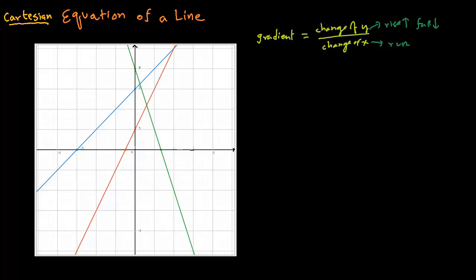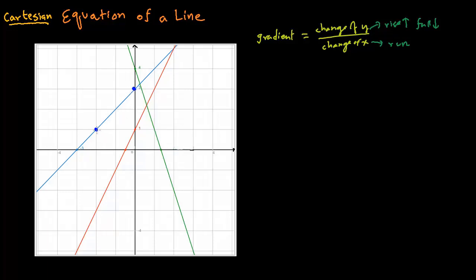Now let's take a look at the picture over here. We can find a gradient by comparing any 2 points. Let me take this blue line first of all. So you can see if we take this point, and we take another point over here, this one. So let's compare.